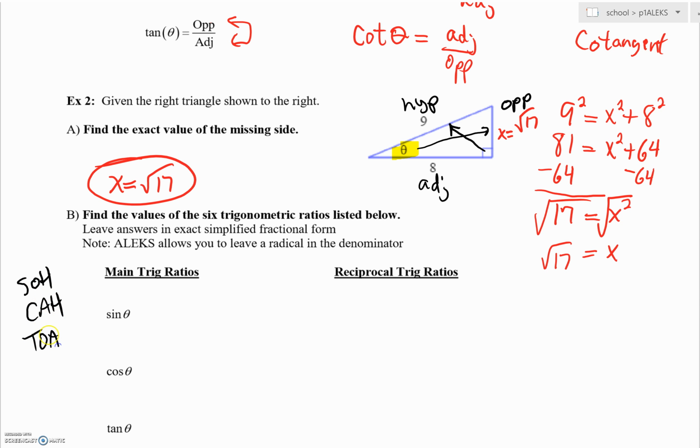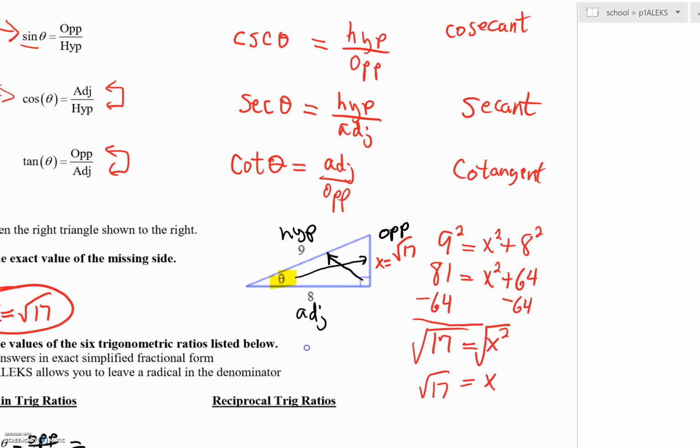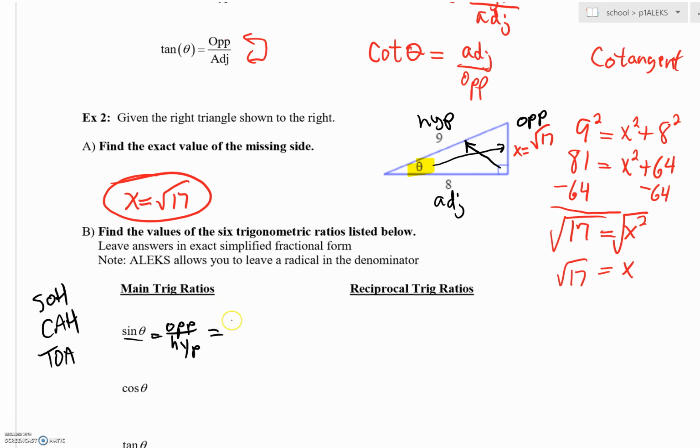And we can see that to write sine, we need to put the opposite side over the hypotenuse. And if you look back up here to this picture, the opposite side is radical 17 and the hypotenuse is 9. Now, the reciprocal trig ratio for sine was cosecant.